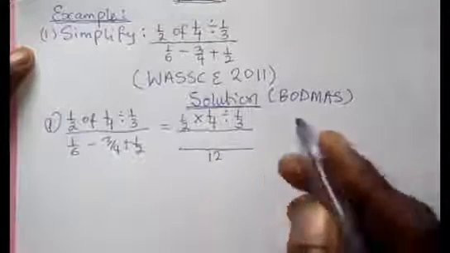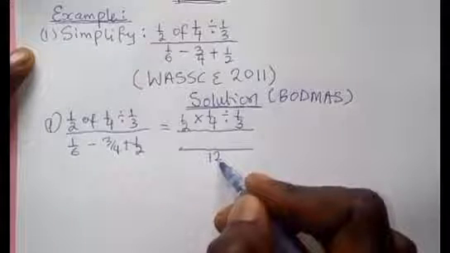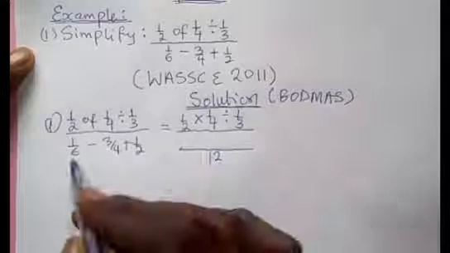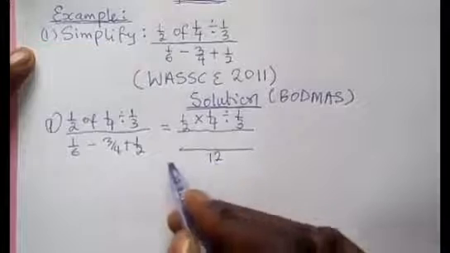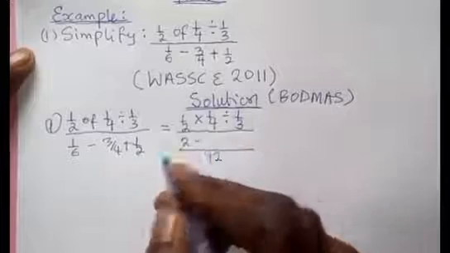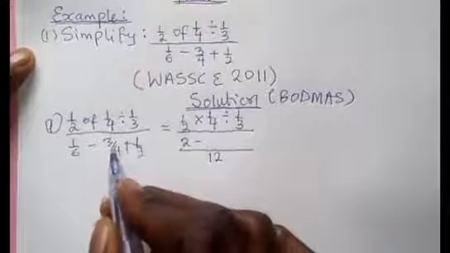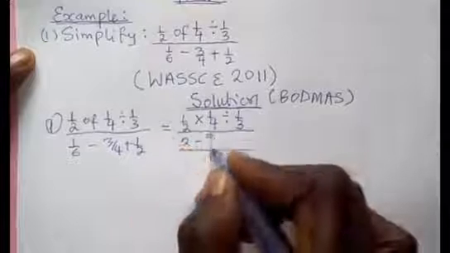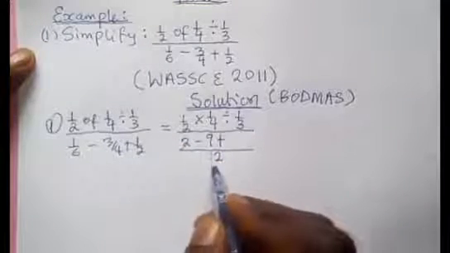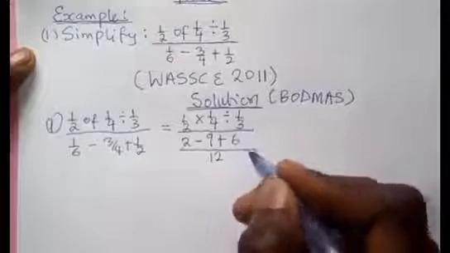I'm sure you know how to get the LCM of numbers. Now, since we've gotten the denominator as 12, we use 6 to divide this 12 to give us 2 times 1. That will give us 2. Then minus, we divide this 12 by 4 to give us 3 times 3. That will give us 9. Then plus, we divide this 12 by 2 to give us 6 times 1. That will give us 6.